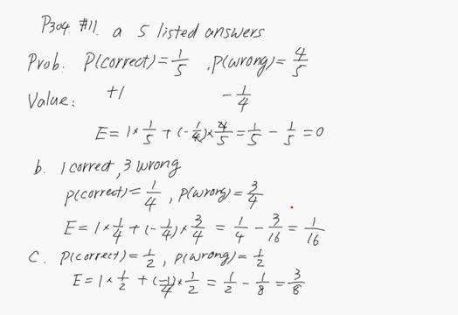Interesting? So in the future, when there is a penalty on wrong answers and you have no idea about any answer in the list, don't guess. Just skip them. But if you know some answers definitely are wrong, eliminate them from the list and then guess among the remaining answers. This is the strategy for standardized tests.